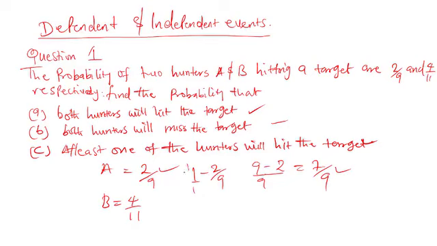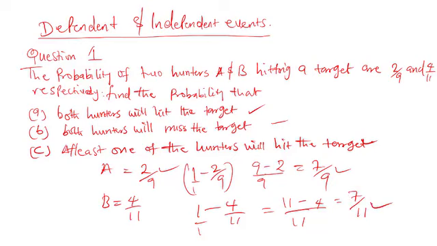Now you do the same for B. What's the probability of B missing the target? It is 1 minus 4/11. The LCM is 11, so you have 11 minus 4, which is 7/11. So we are interested in these four particular numbers, so that we know what we are actually looking for.